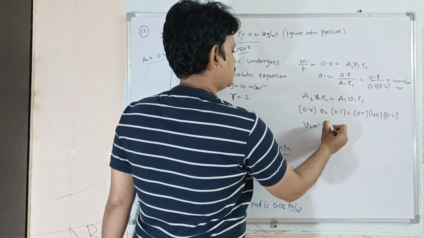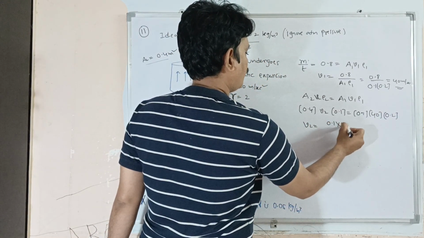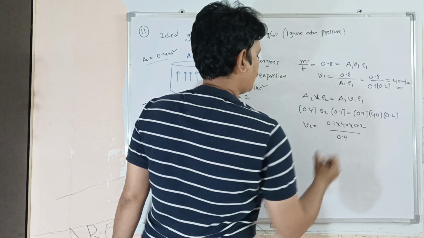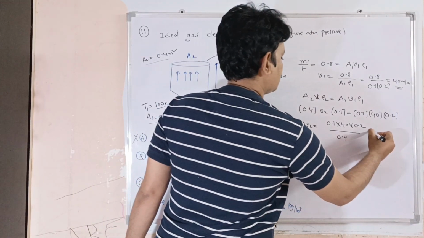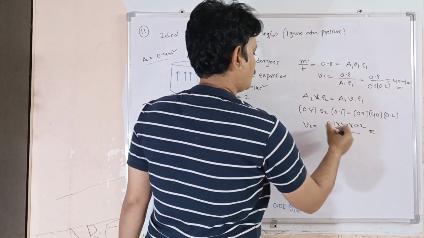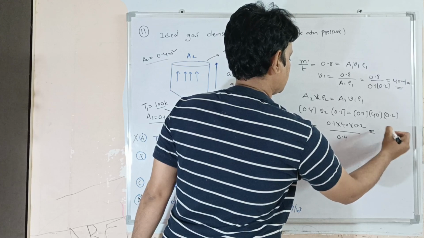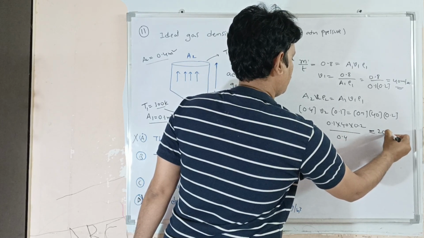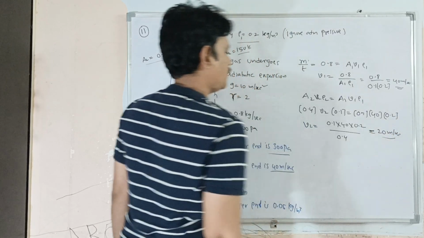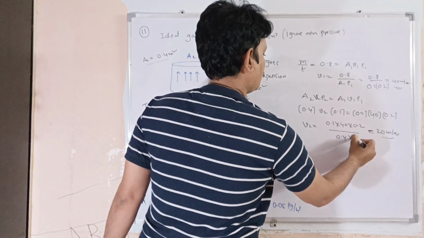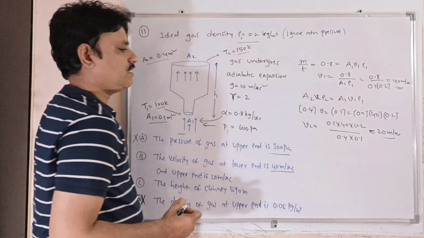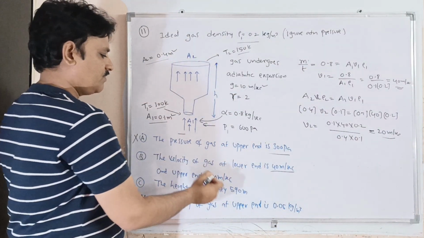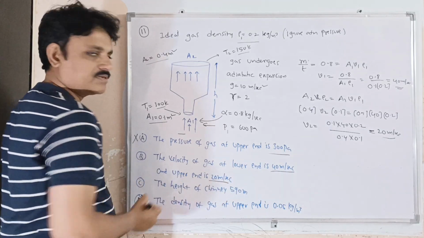So finally the velocity is equal to 0.1 into 40 into 0.2 by 0.4. So this is 0.4, 4 times 10, that is 20 meters per second, into 0.1. So finally 20 meters per second is the answer, the velocity at the upper end.